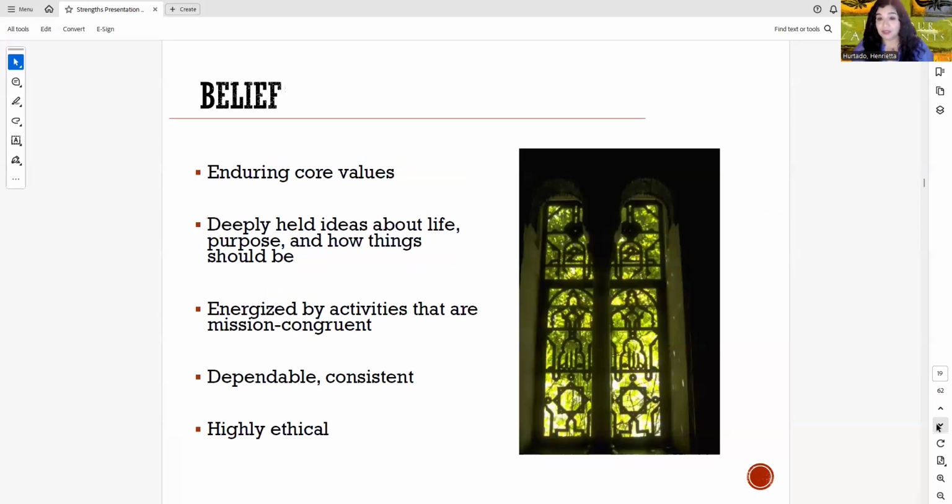Belief. If this is one of your themes, you're someone that enjoys enduring core values, deeply held ideas about life, purpose, and how things should be. You're energized by activities that are mission congruent, dependable, consistent, and highly ethical.